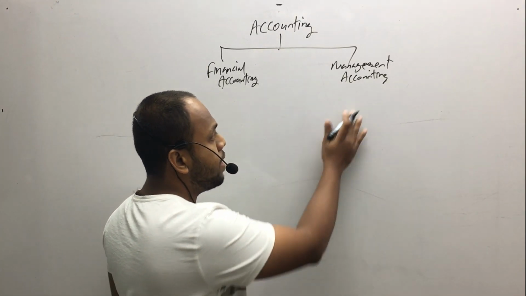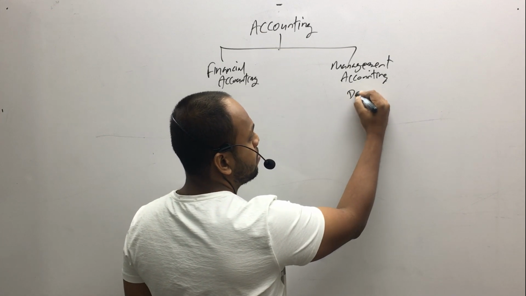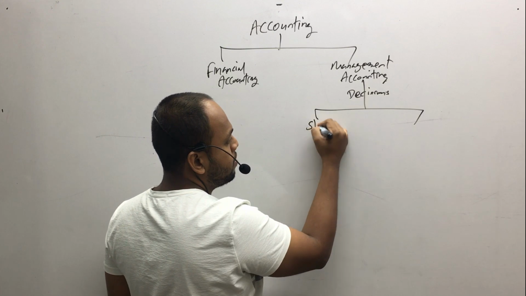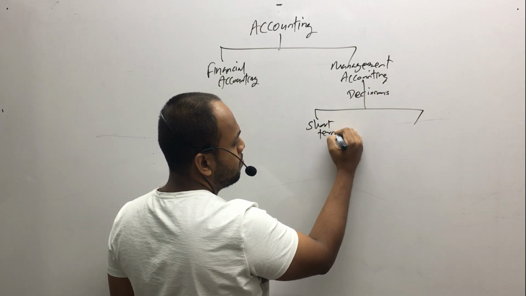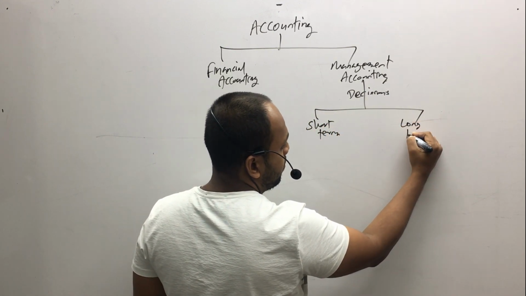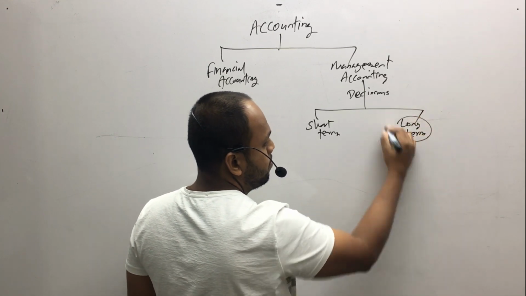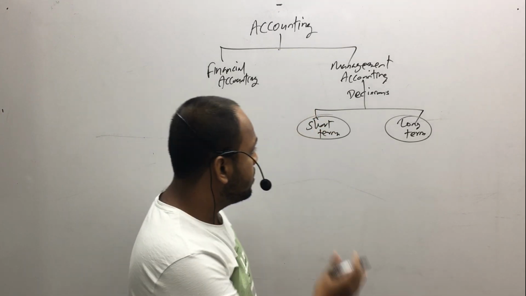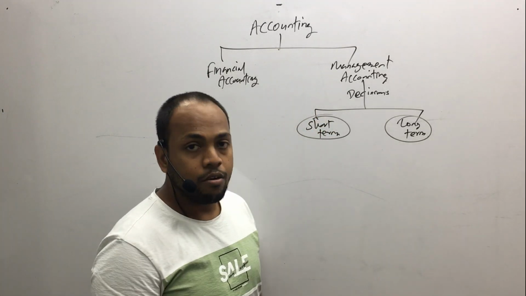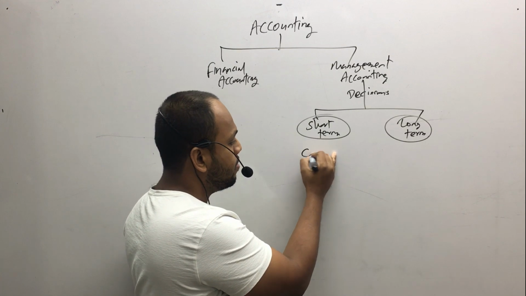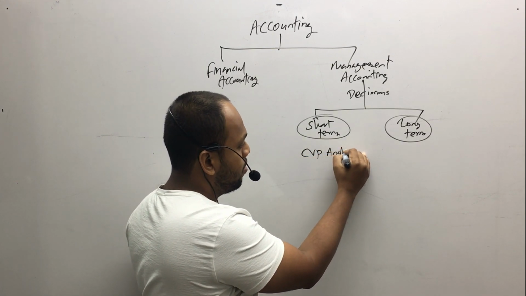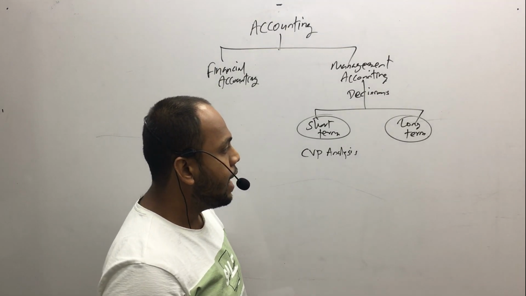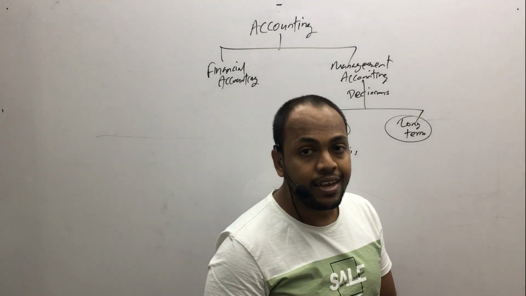So when it comes to management accounting decisions, they make short-term and long-term decisions. In our syllabus, we have the marginal costing, or else the CVP analysis, which comes under short-term decision making, and long-term decision making about the investment.